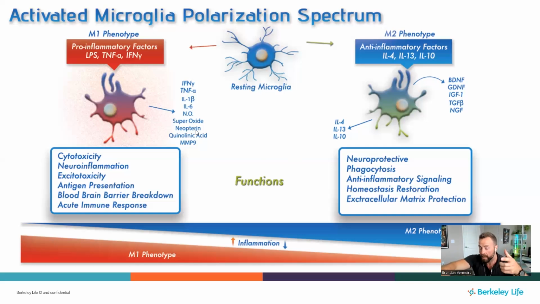But what we want is to decrease the inflammatory load in the brain and shift over to this M2 phenotype. So part of it is we have to get the eNOS, such as in the blood-brain barrier, back online. We have to get the nNOS back online and recoupled and try to quiet down this neuroinflammatory microglial response.